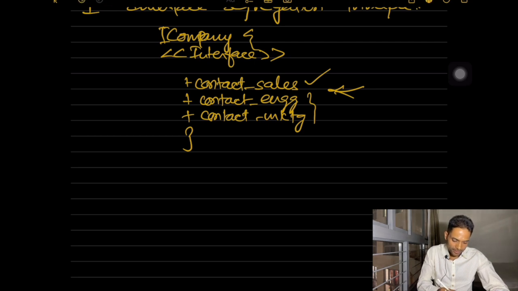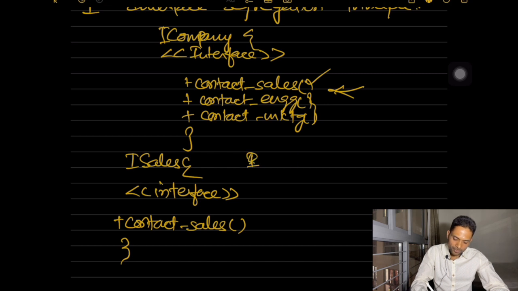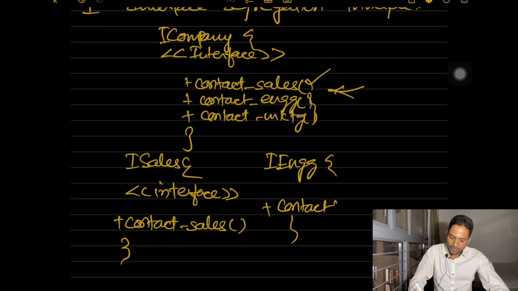One will be the ISales interface, and it will have only the contact sales method, and then we will have IEngineering, with contact engineering, and so on. I hope you got the point. So this is your interface segregation principle.